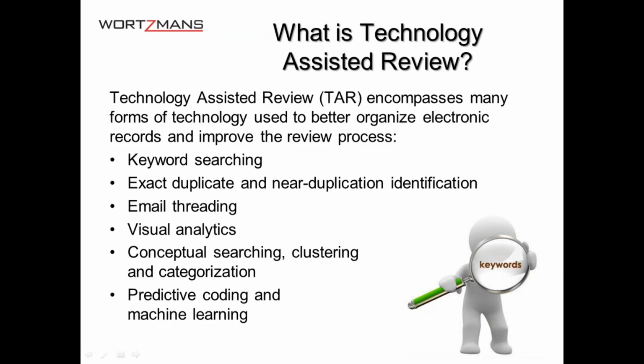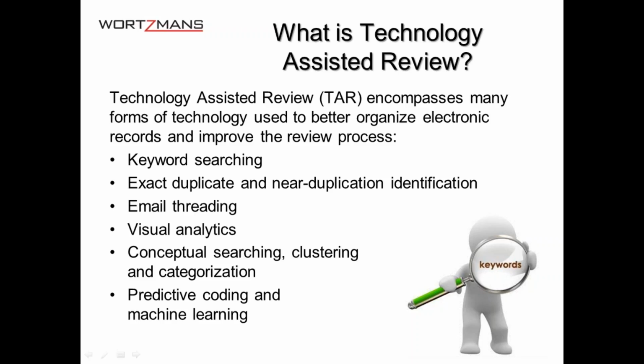So you can use it at those different levels. Even if we have 10,000 records, we still want to organize those 10,000 records. We may want to use email threading or near deduplication identification to pull together similar documents, because that will expedite the review. So you don't need these cases with hundreds of thousands of records.